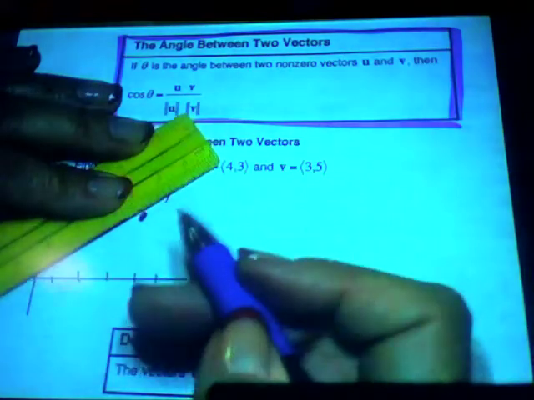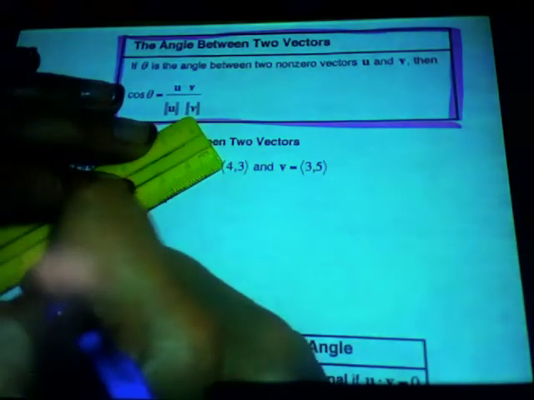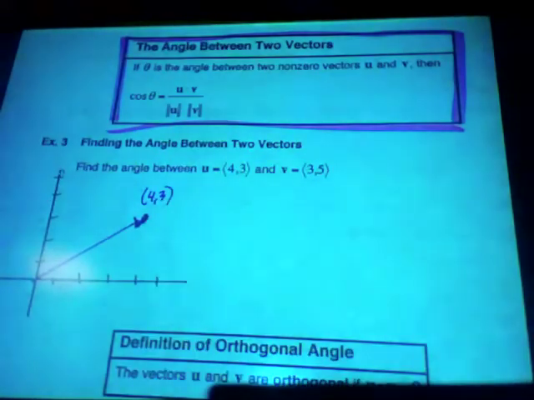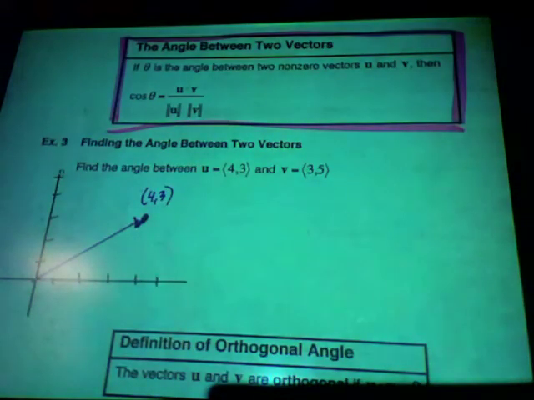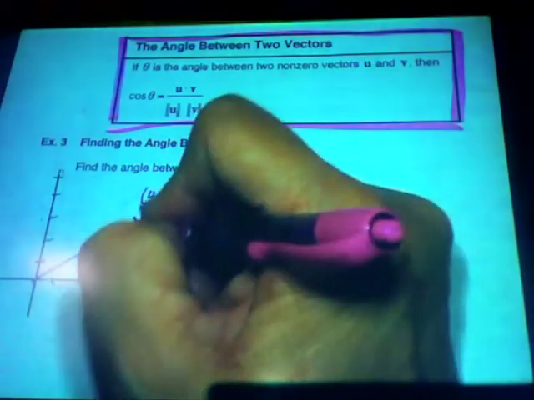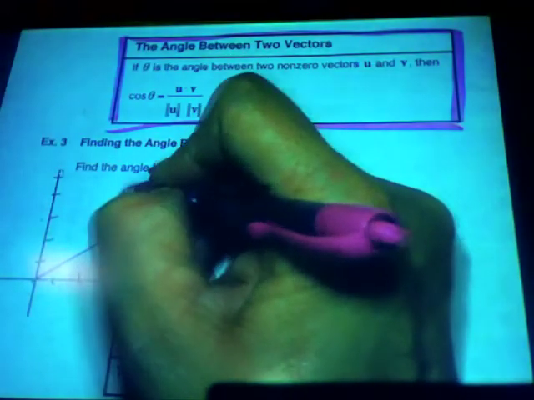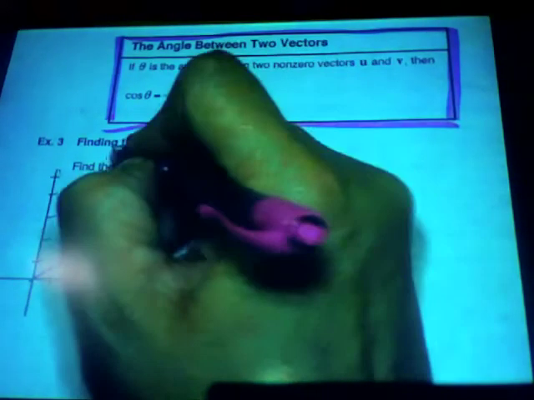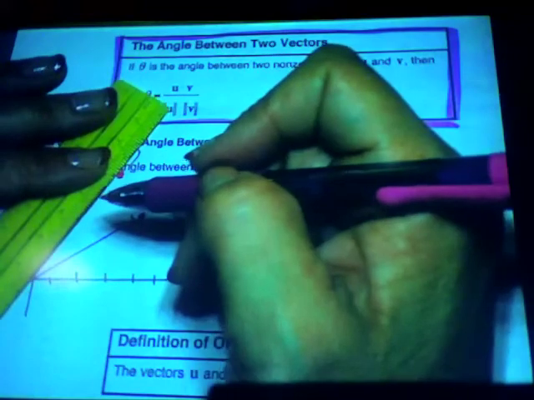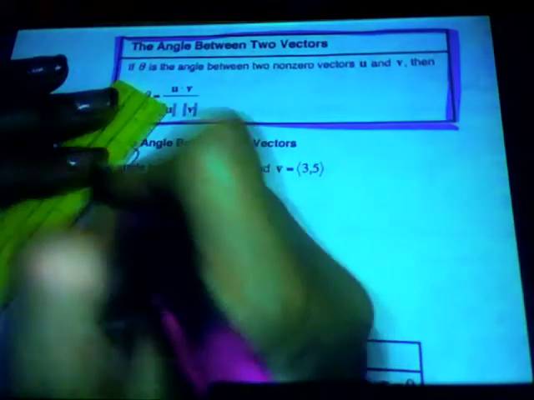Because it's in component form, I know that it goes from 0, 0 to 4, 3. And then the next one is 3, 5. And it's also in component form.